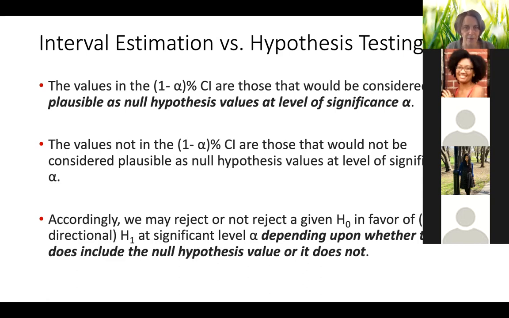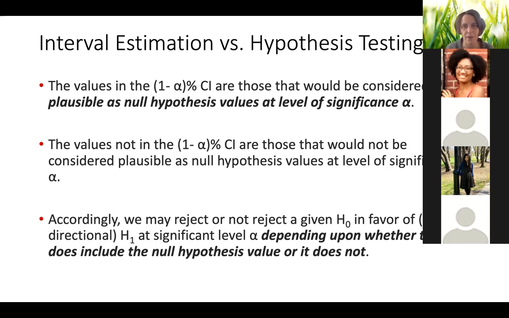If we consider the values that are in our, let's say, 95% confidence interval, where of course we have to calculate that as 1 minus alpha, and alpha is the significance level for our significance test, so if you're looking at the 95% confidence interval and a significance level for the hypothesis test of 5%, then the values within that 95% confidence interval would be considered plausible mean values if our null hypothesis was right.